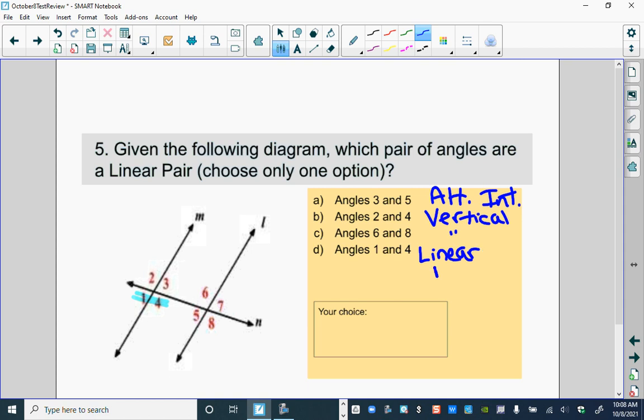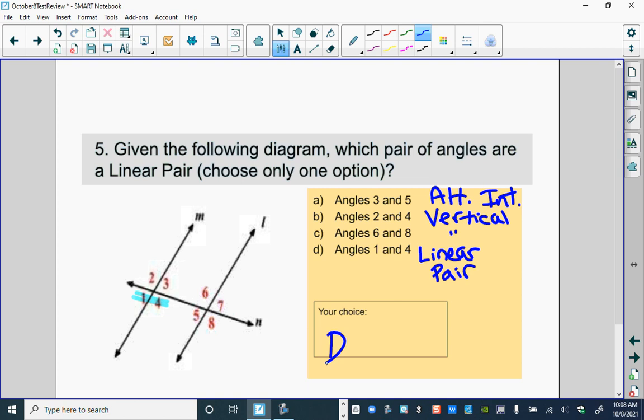Now, you said they were a linear pair, so they form a straight line angle. If the 2 angles form a straight line angle, what must the sum of those 2 angles be? 180. Yes, perfect, Catherine.